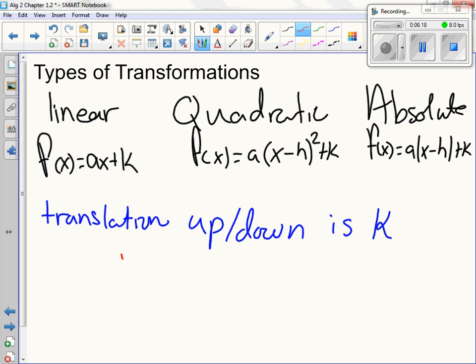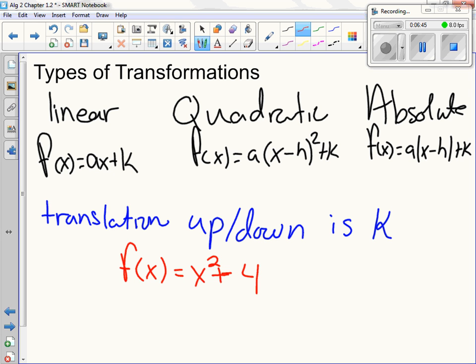So this would look something like f of x equals x squared minus 4, which would move it down 4, because we're subtracting 4, we have negative 4. And if it's plus 4, it would go up. And that works with linear, quadratic, or absolute value. Any of those, it's going to work the same.